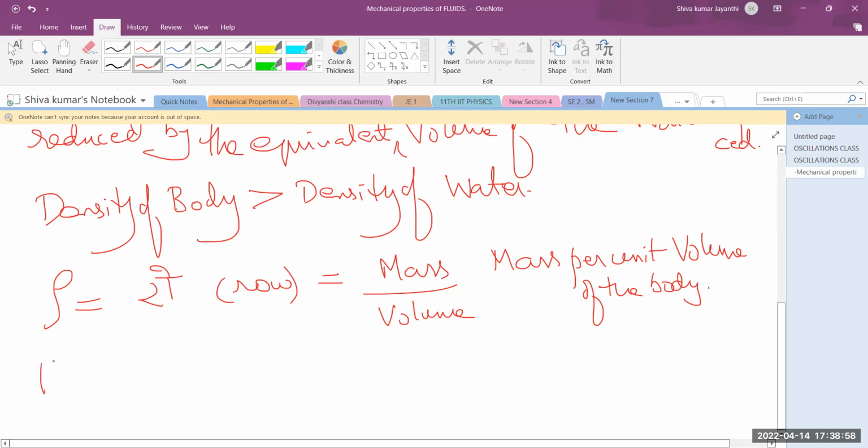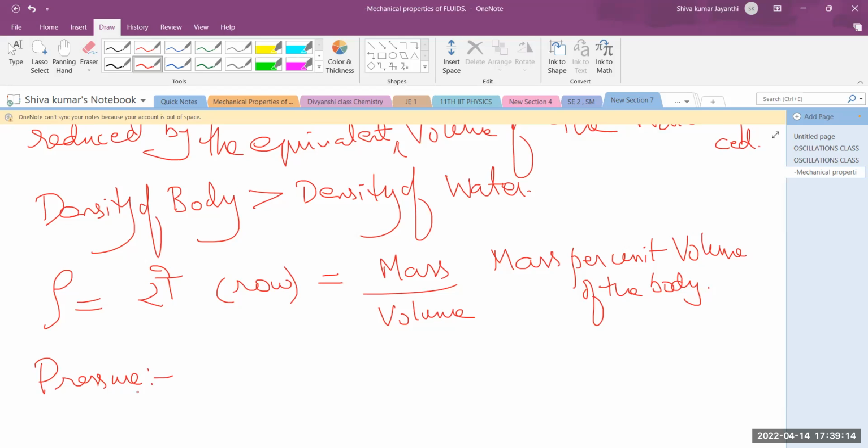Pressure. There is another concept called pressure. You know what is pressure? I will tell you about pressure. Once you go into the deep layers of water, you will experience a concept called pressure. Not only in the deep layers of water, whenever you dip yourself into water, you might have, I don't know whether you've ever done swimming.